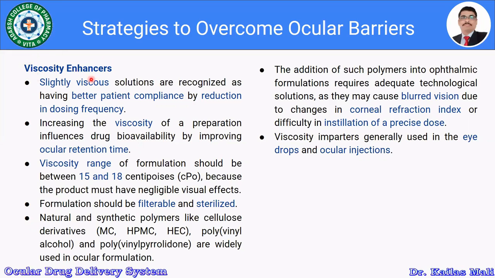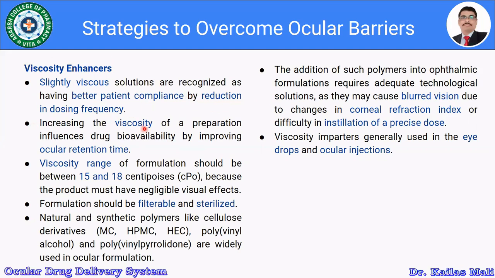Generally, viscosity enhancers are widely used in eye drops. They improve patient compliance by reducing the dosing frequency. When we increase the viscosity of the formulation, the retention of the formulation in the ocular cavity increases, which reduces the dosing frequency.